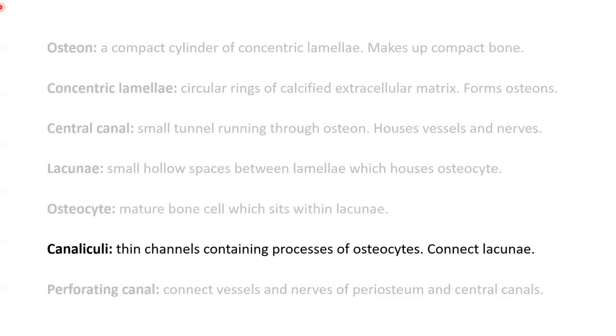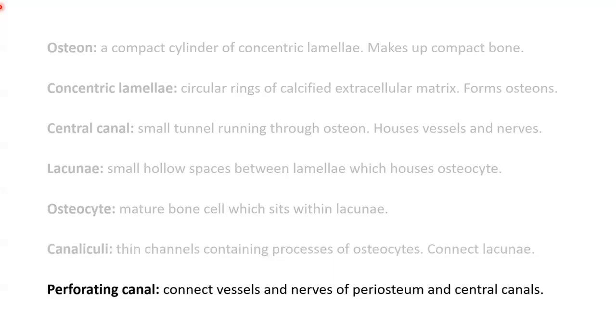The canaliculi are those thin channels containing the processes of the osteocytes. They connect the different lacunae so that the osteocytes can communicate with one another. And then the perforating or the Volkmann's canals connect the vessels and nerves of the periosteum, the medullary cavity, and the central canals.